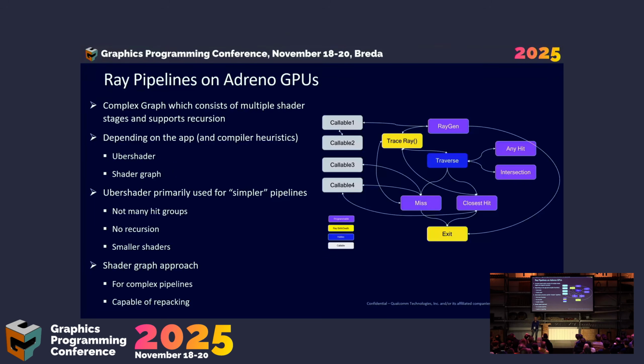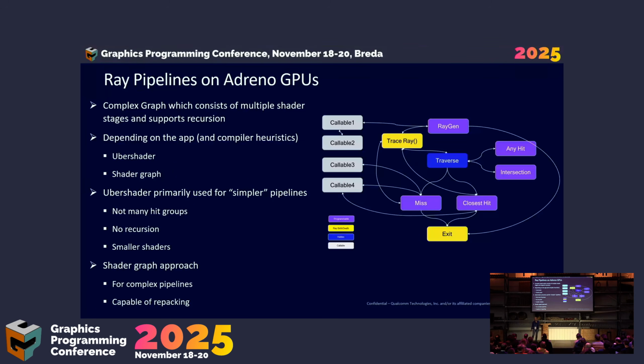That means that we inline all of your shaders as you define them in your ray pipeline into one large shader, and then we dispatch that as a compute shader. We can do this if your ray pipelines are relatively simple. There's not too many hit groups, there's no recursion, and the shaders themselves are relatively small.